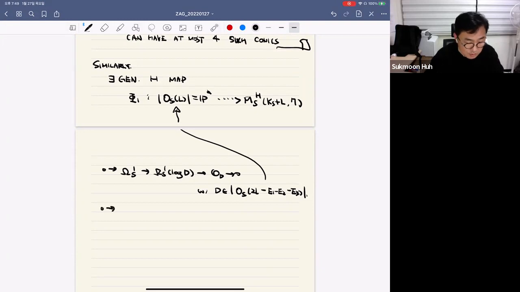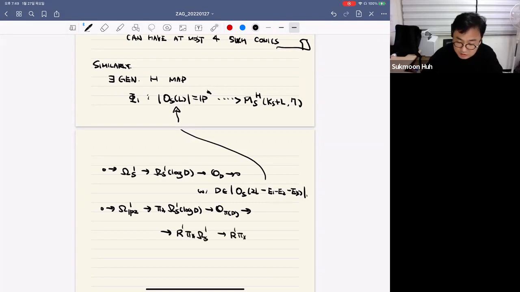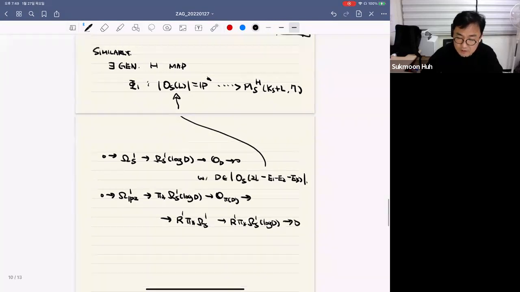Then, by applying the formal function theorem, we obtain that the push forward of omega S is omega P2. And then we have the conic through 3 points, and the higher direct images of omega S1 and omega S1 log D, and then 0.